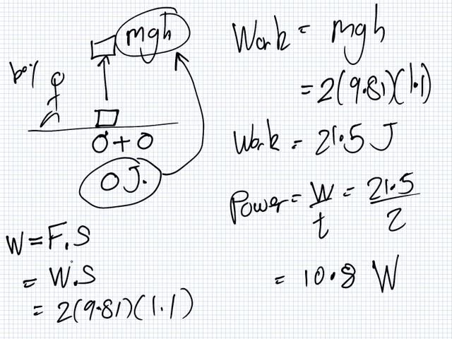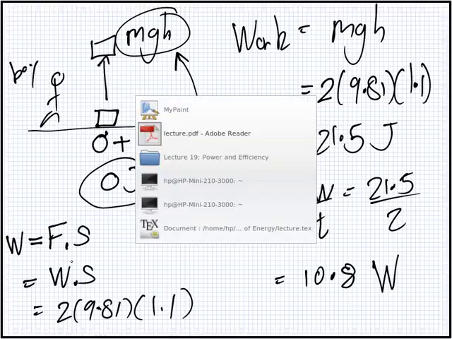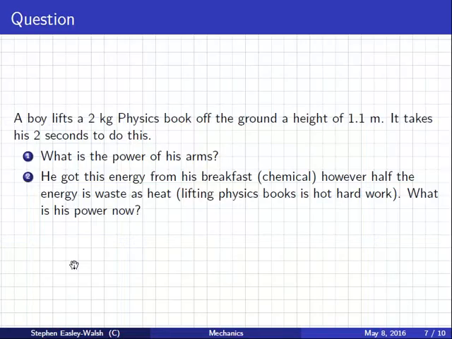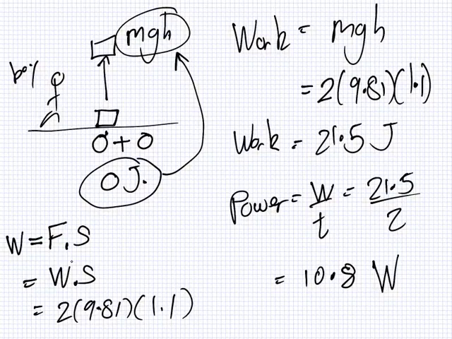Can I go back to the question? Try the second part. He got his energy from his breakfast. However, half the energy is wasted as heat. What is his power now? So when you eat food, you can do work, but energy is wasted in making heat from your body. 10.8 watts was his power, divided by 2.